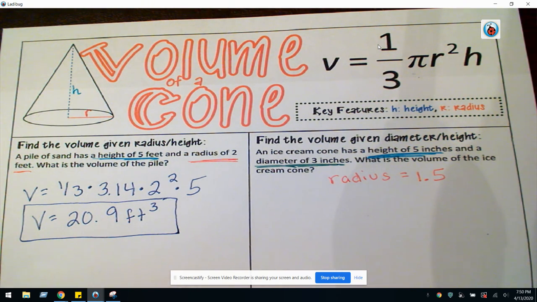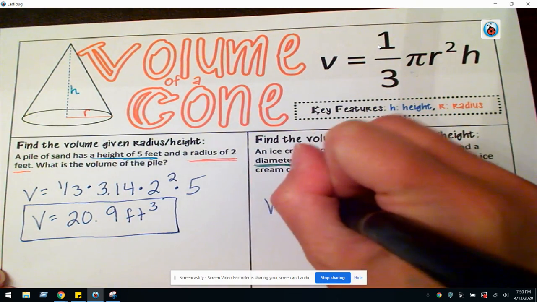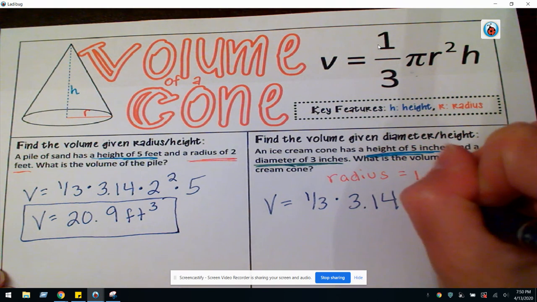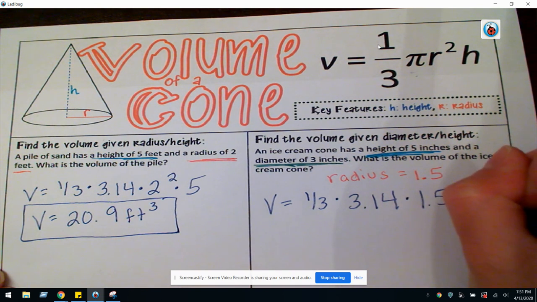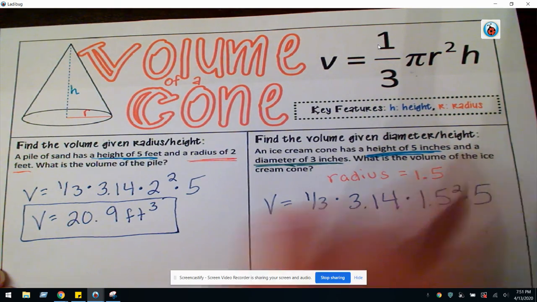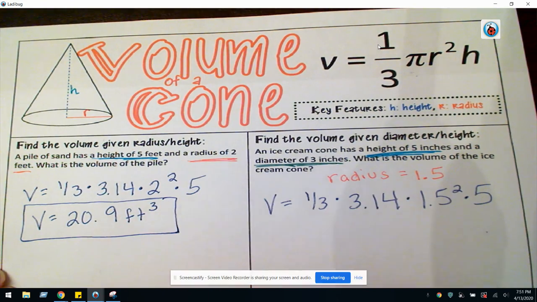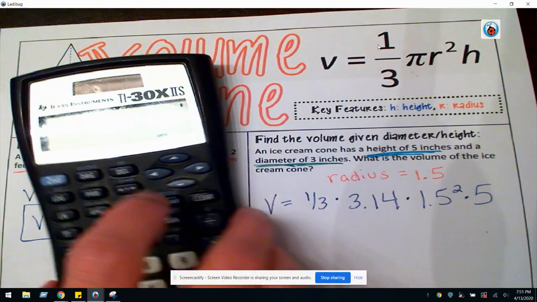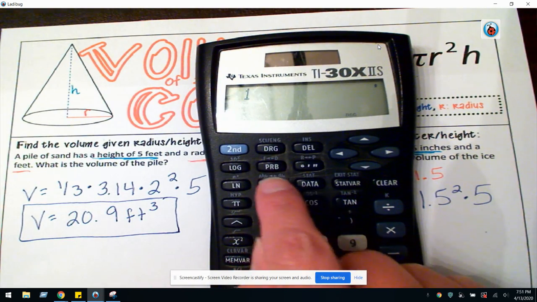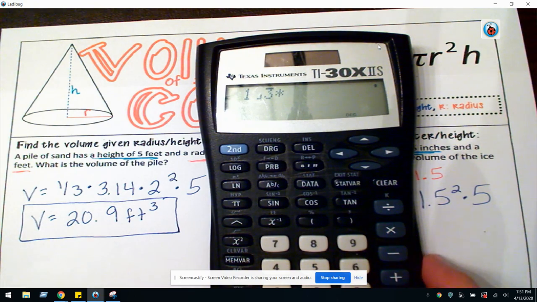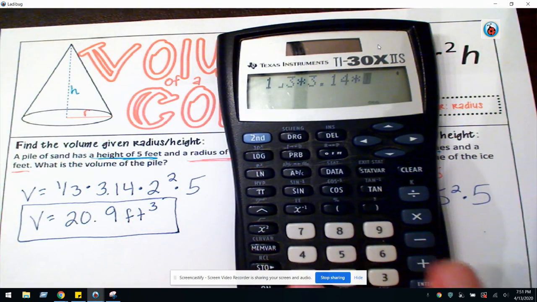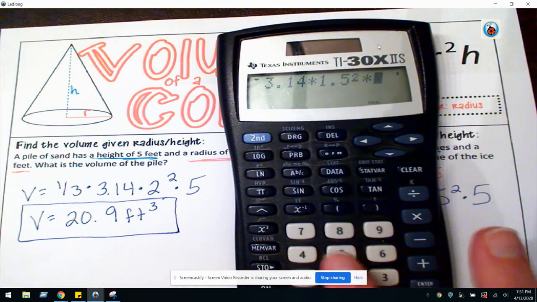So then I can do my math. 1/3 times 3.14 times 1.5 squared times 5. These both have a height of 5. Isn't that interesting? So, calculator again. 1/3, times 3.14 times 1.5 squared times 5.